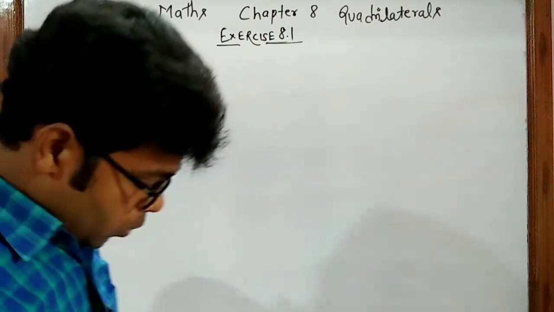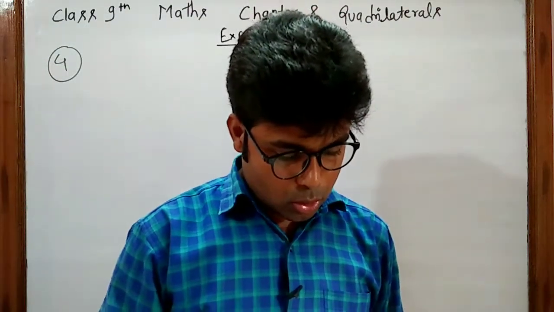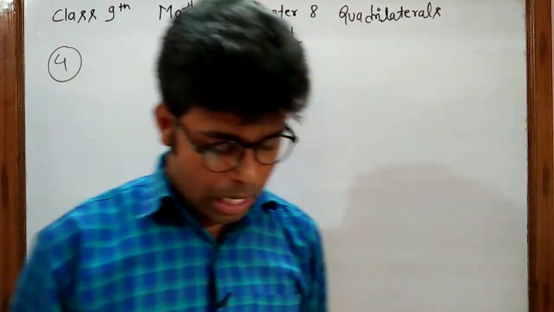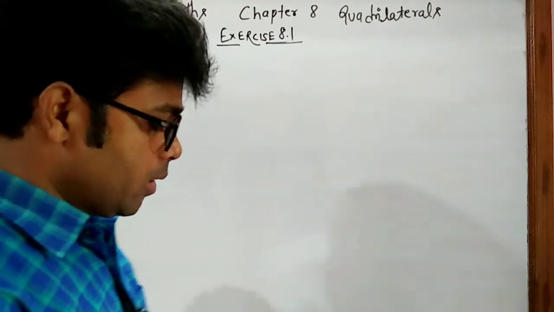What is question number 4? The question is to prove that the diagonals of a square are equal and bisect each other at 90 degrees.